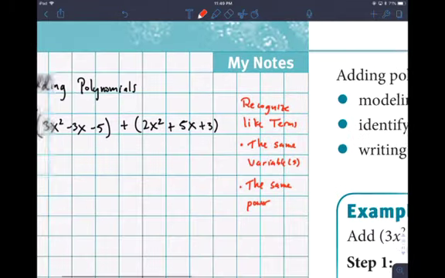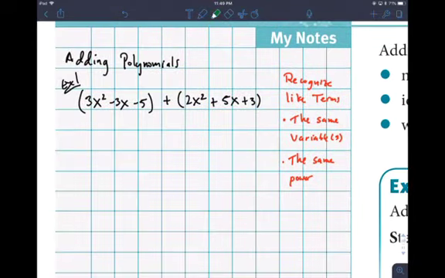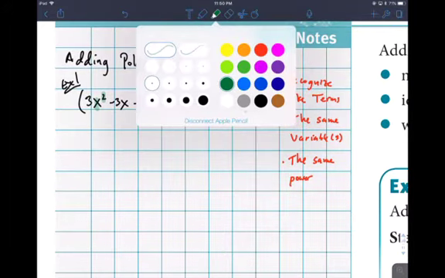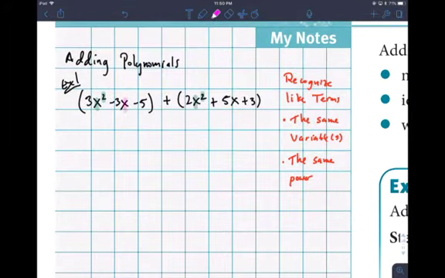Given that, notice that I have x and the power is 2 here. Notice that I have it here and here. So those are like terms. Notice I have x here and the invisible power that is 1. Remember that? And I have it here and here. So those are like terms.